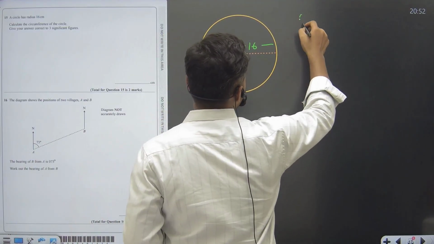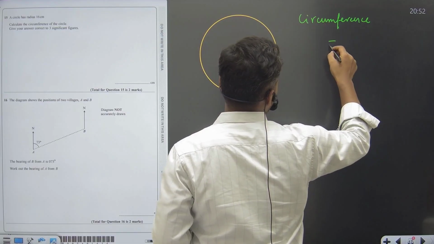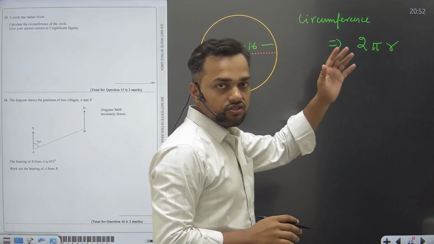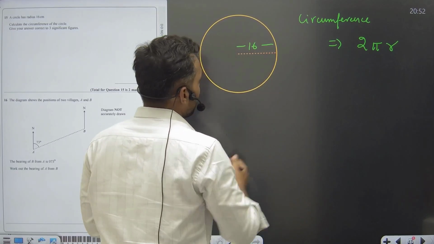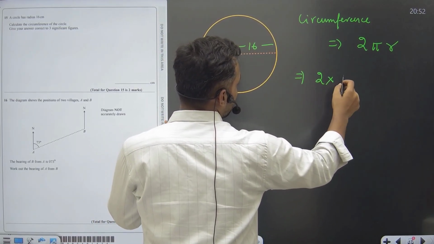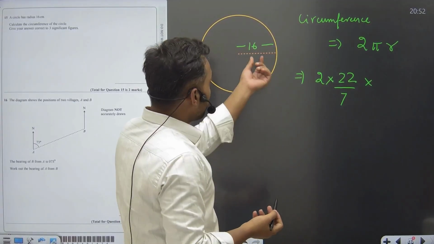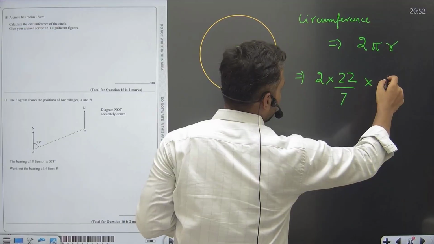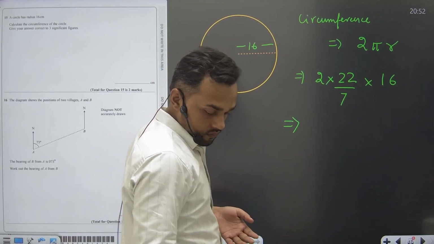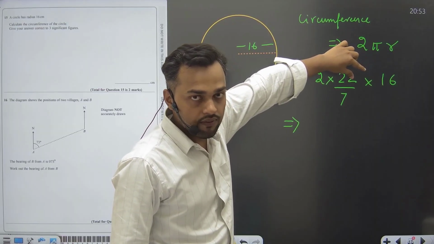So we know that the circumference of a circle is given by 2 pi r. This is the formula which is written on the introductory page as well. So we just need to plug in the values here. For pi you can take either 22 upon 7 or 3.14.